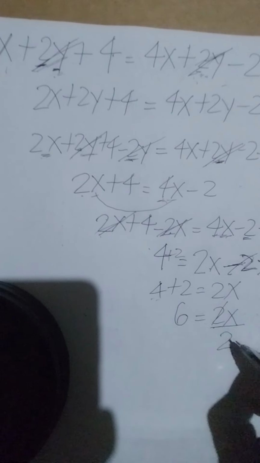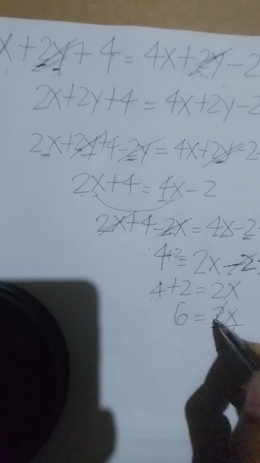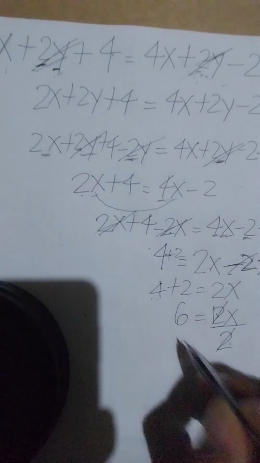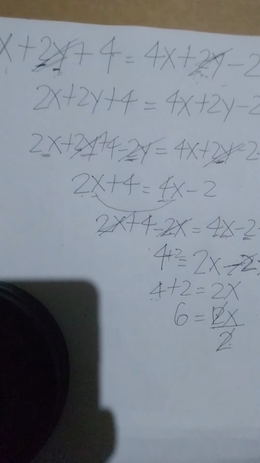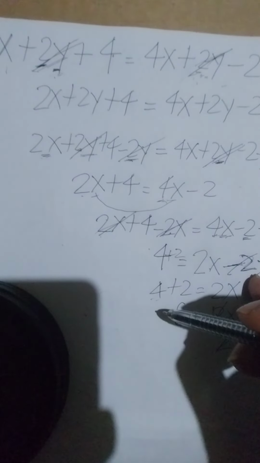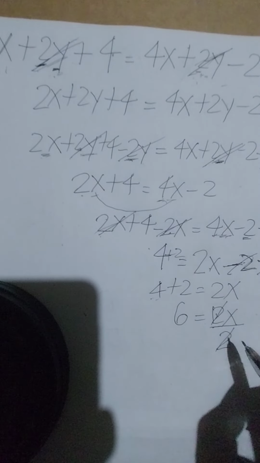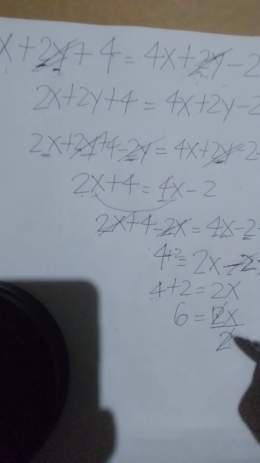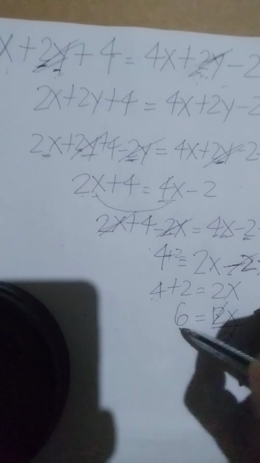Para ma-cancel out ang 2 dito because 2 divided by 2 equals to 1. So, just apply the principles ang sinabi ko kanina. Kung ano yung ginawa mo sa kabila, yun din ang gagawin mo dun sa kabila din equation. So, since dito, nag-divided by 2 tayo dito, mag-divided by 2 din tayo dito sa kabila.